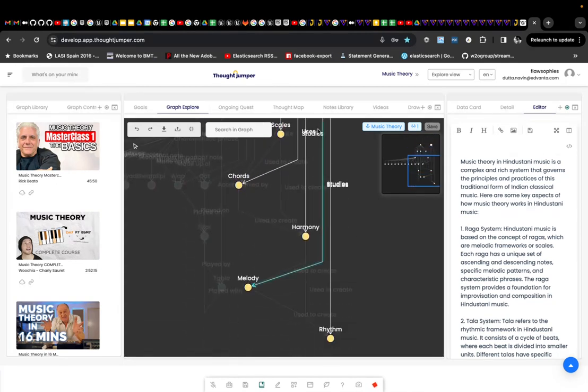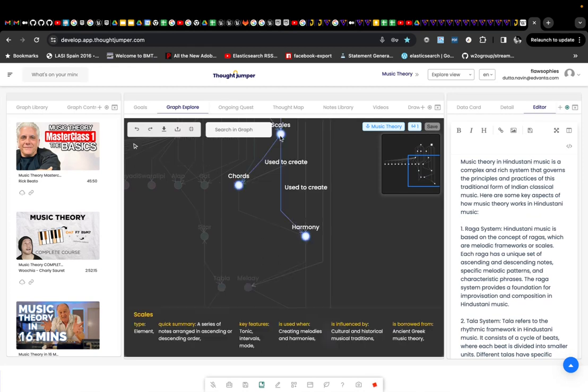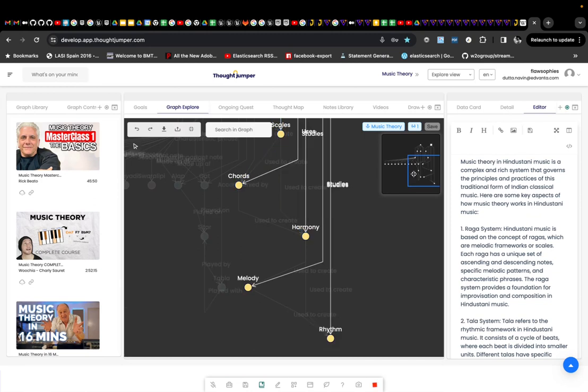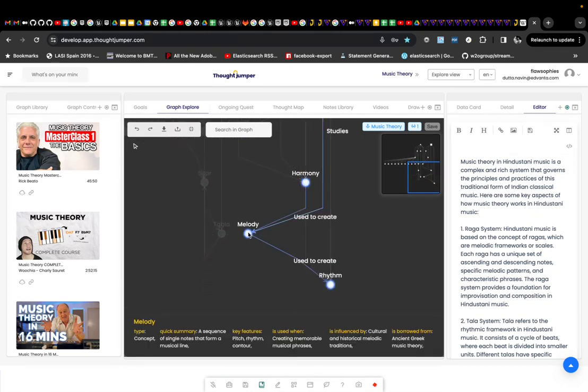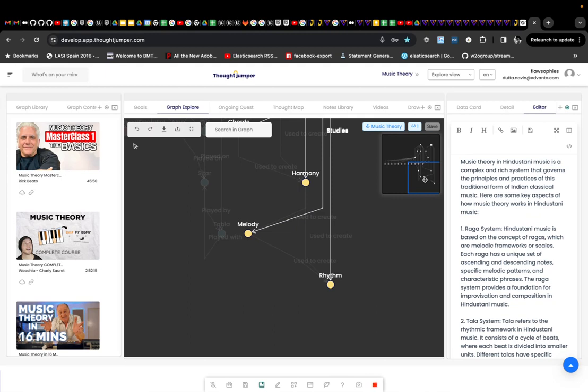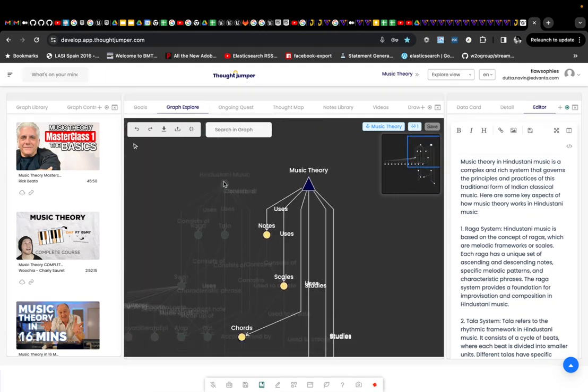Specific combination scales end up defining the kind of harmony and are basically patterns of how chords are put together. When you go up and down a scale, you create a melody, and in time signature, you use rhythm.